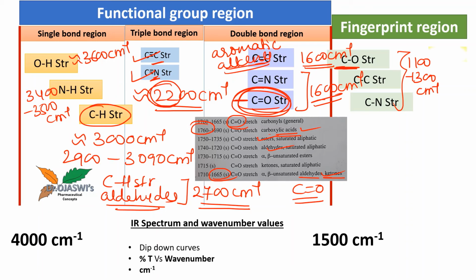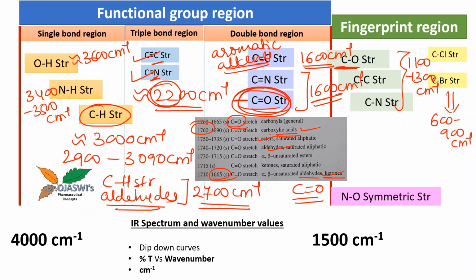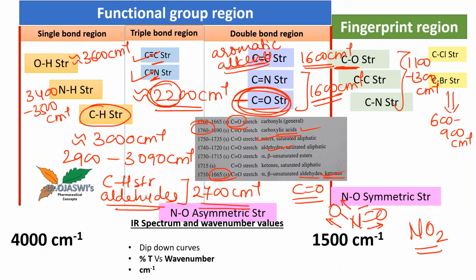Next, very simple, we have C single bond Cl, that is halogens which are attached to carbon. These halogens appear around 600 to 900 centimeter inverse. Then we have a very characteristic peak for the nitro group, NO2, which has oxygen. It could be symmetric stretching also, it could be asymmetric stretching also.